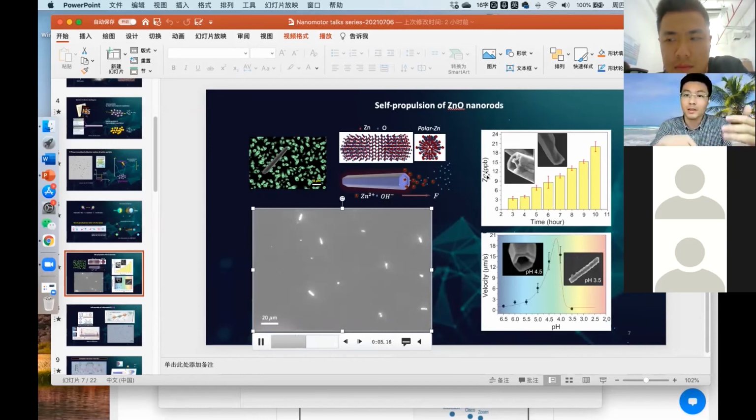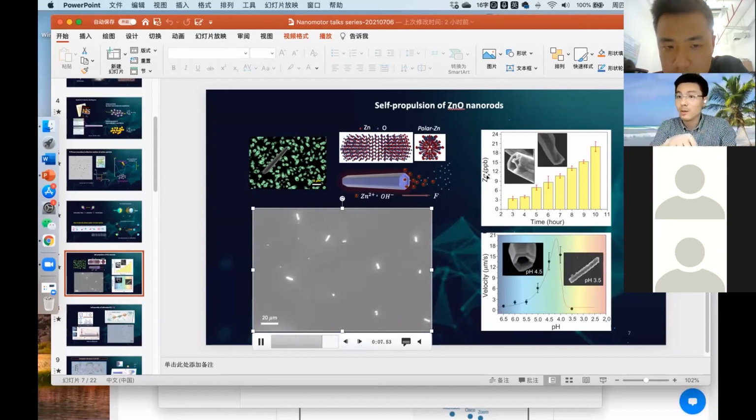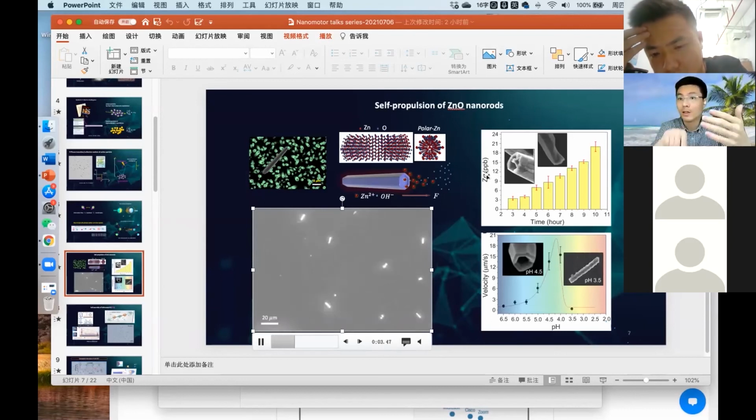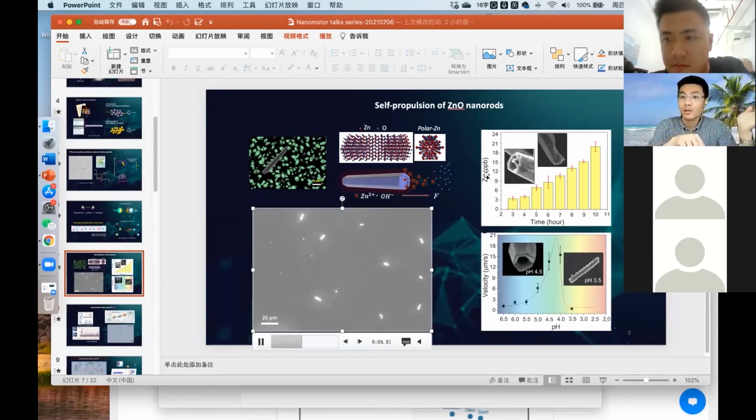However, we do not really care about the real value of the pH near the particles. We care more about the pH gradient near the particles. We want to know that during the ion exchange reaction, there should be a lower pH region near the SPS particles and a higher pH region near the zinc oxide rods. This is the most important thing we want to know, to verify that there are indeed those interactions due to the ion exchange reaction.